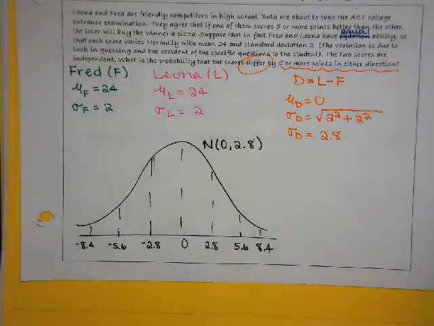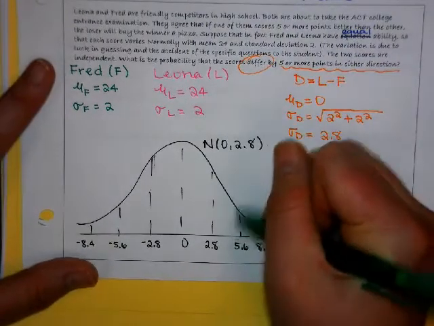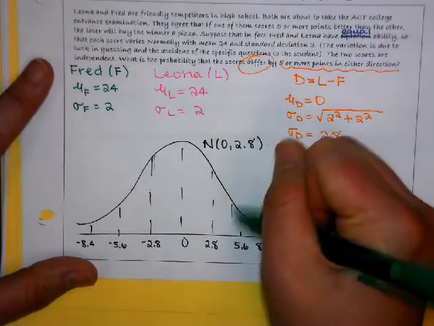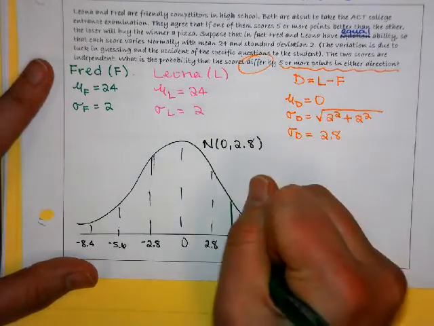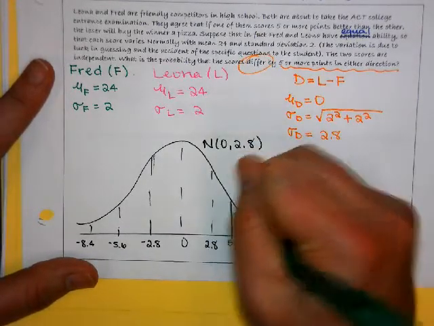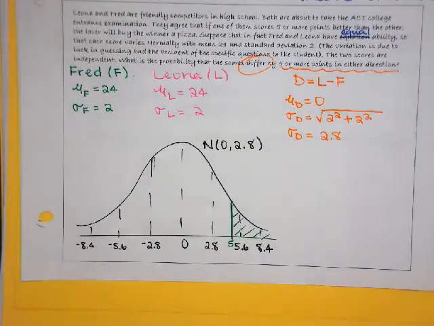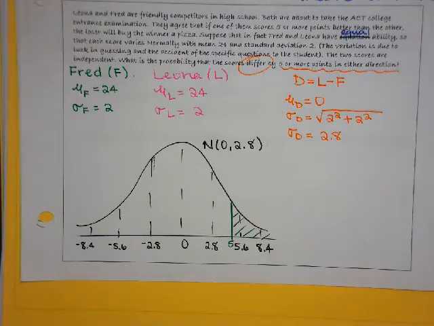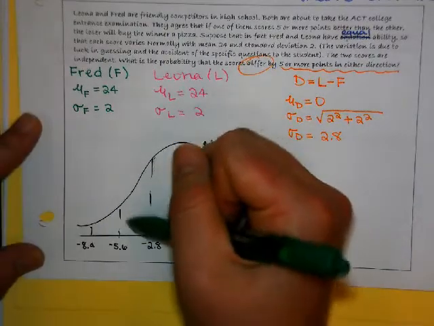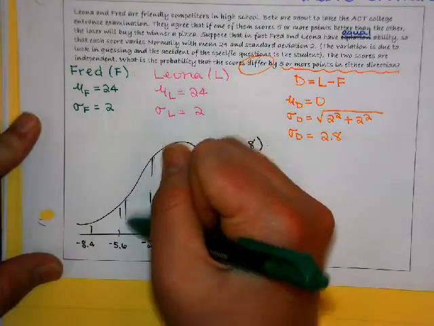So that would be if Leona scored 5 points higher than Fred. But there's also the situation where Fred scores higher than Leona, which would be -5 and lower. This is called a two-tail problem. We usually work with one tail, or we work in between numbers.